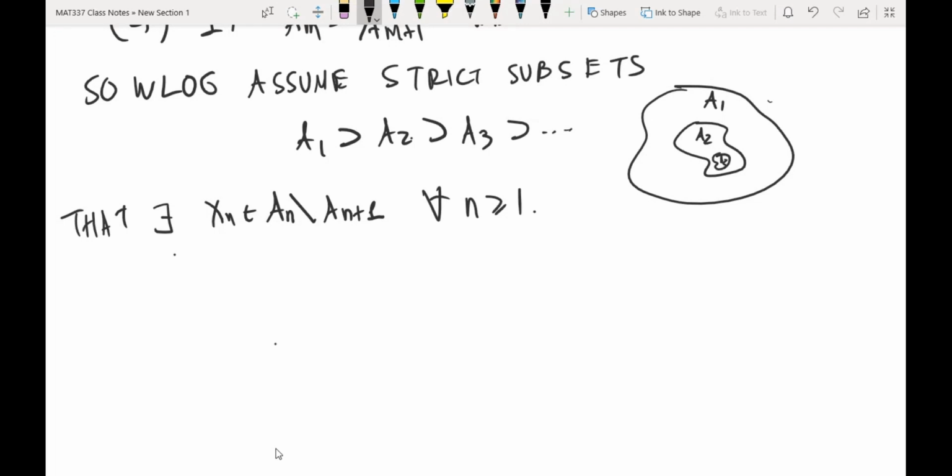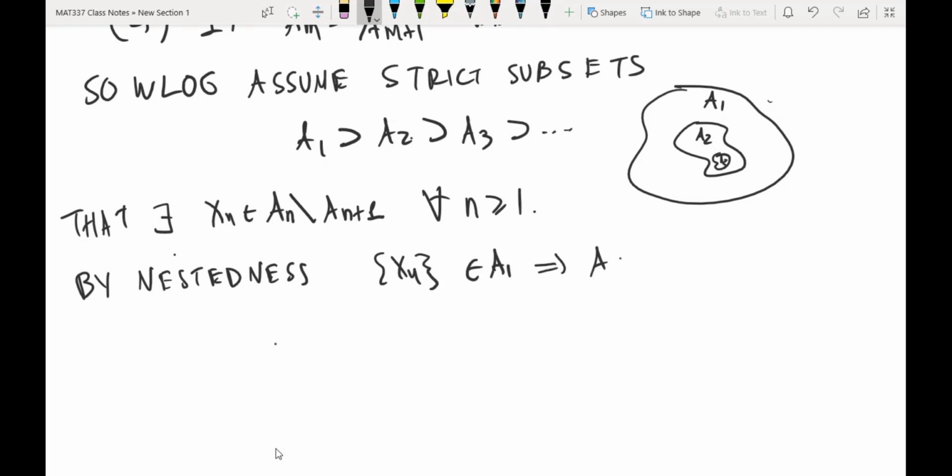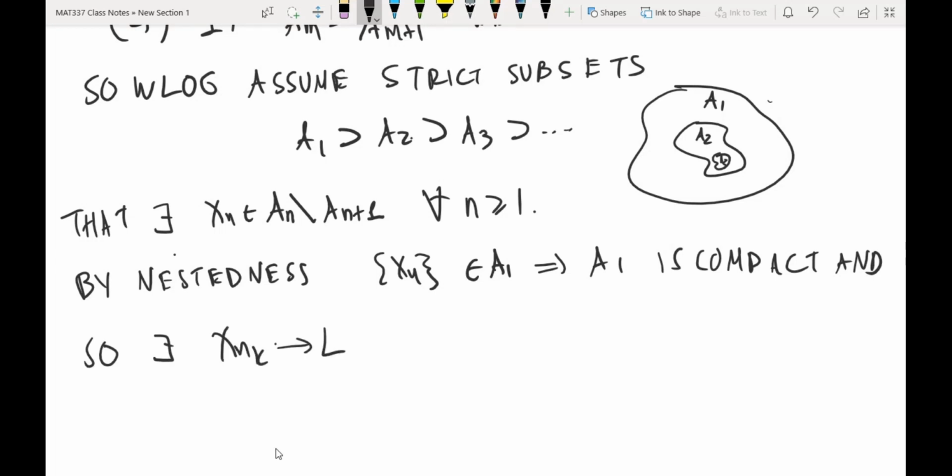But by nestedness, they're all inside A1, and A1 is compact, and so there exists xnk going to L in A1.